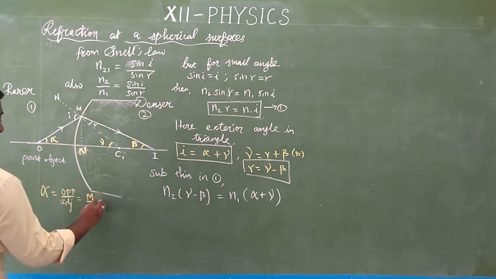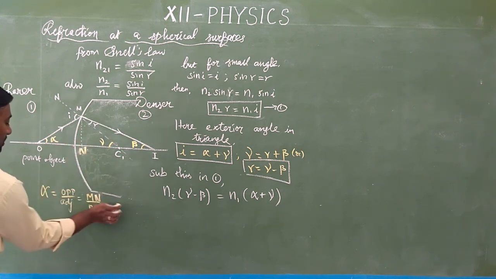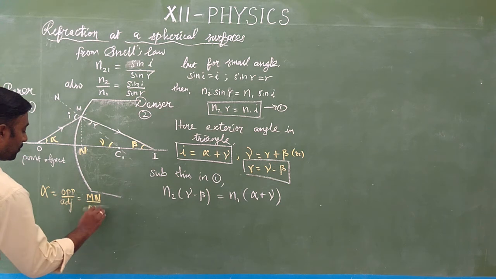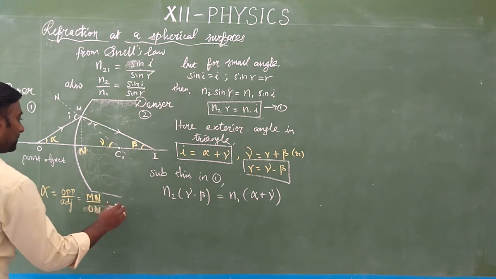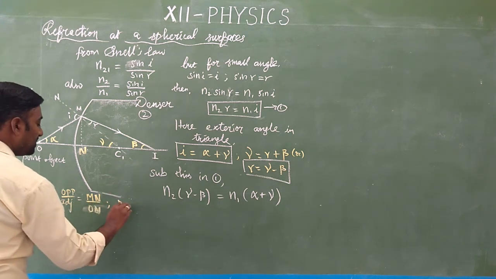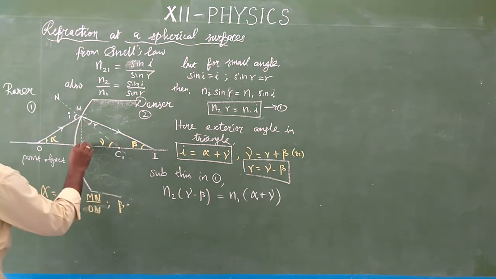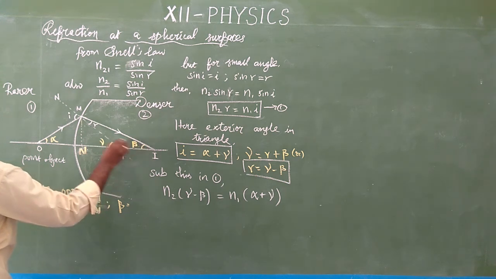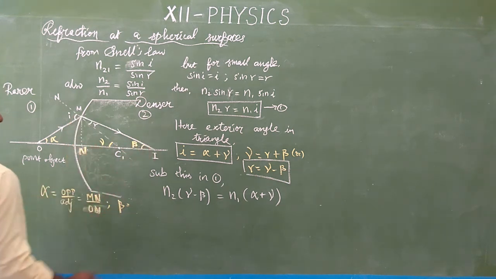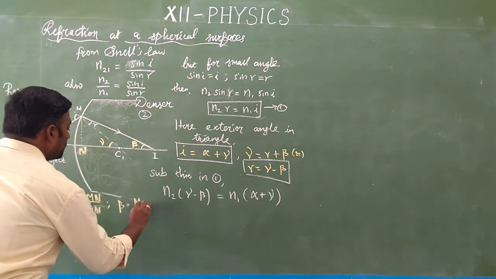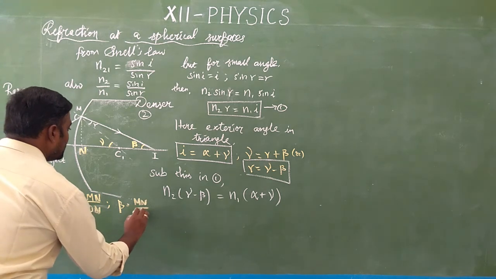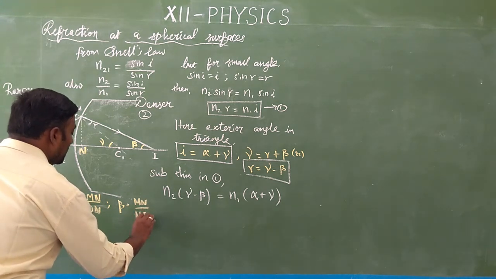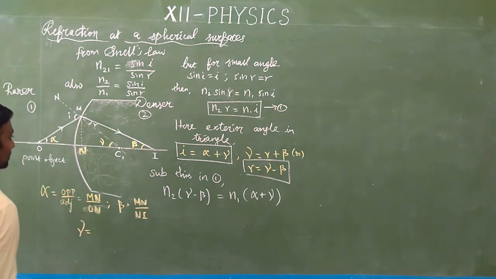So opposite MN divided by ON. Similarly, what is beta? Beta is in this triangle, so this is angle NI. Opposite by adjacent, beta is equal to MN by NI.